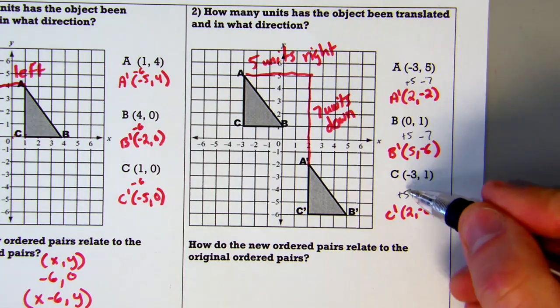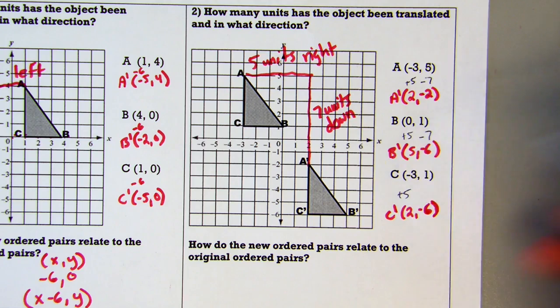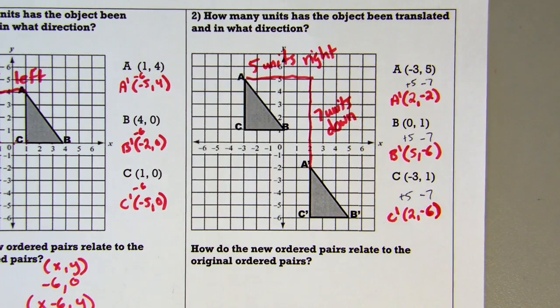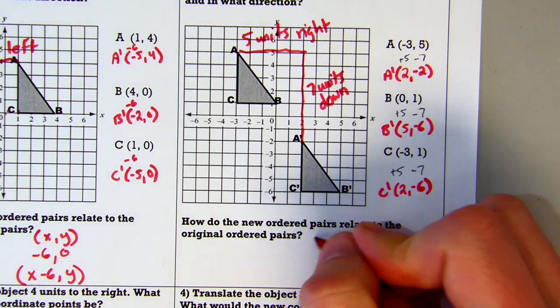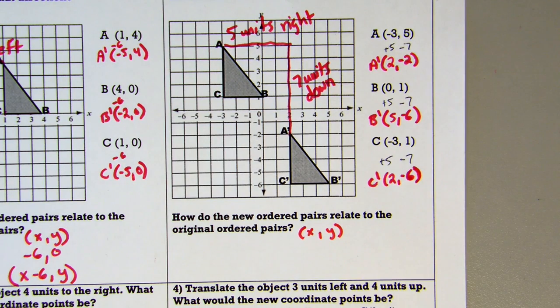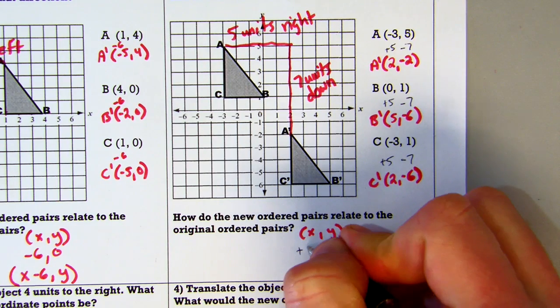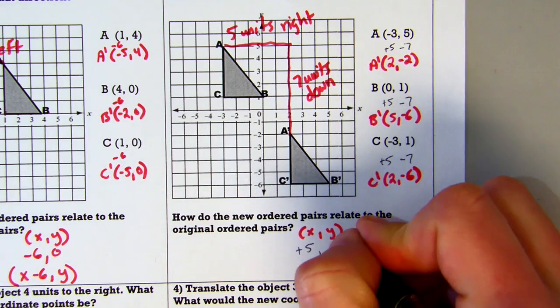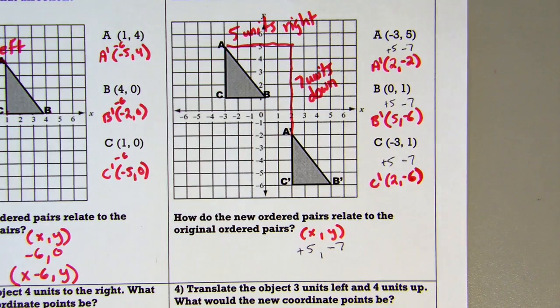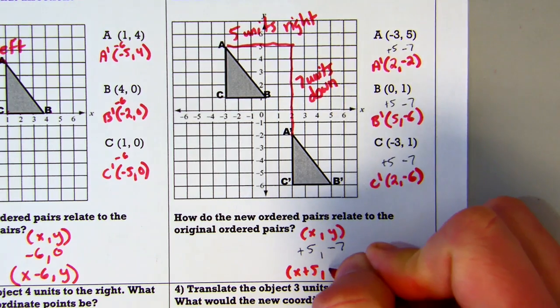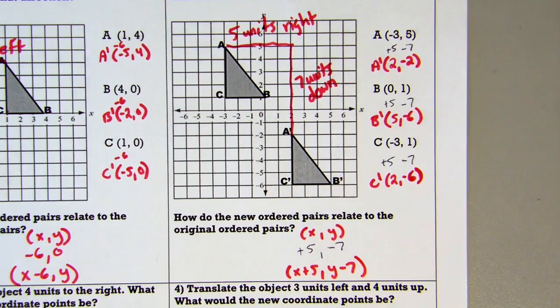Plus 5 for our x for C goes to 2, and then negative 7 goes to negative 6. So we have our original ordered pairs of x and y, and we notice that x changes with a plus 5, and that y changes with a minus 7. So our new ordered pairs are going to be x plus 5, and y minus 7.